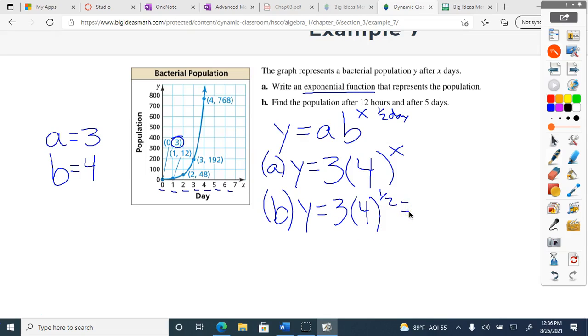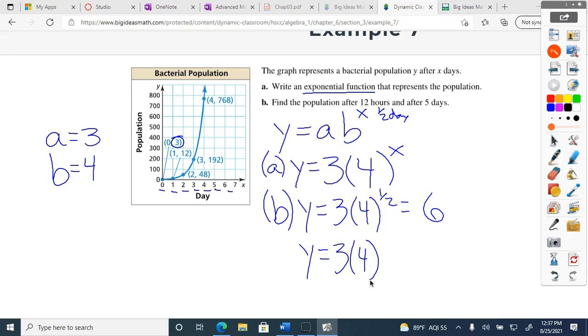Now grab your calculators and tell me what we get. 6. Yeah, that's exactly what I got. What do we plug in to figure out how much there's going to be after 5 days?